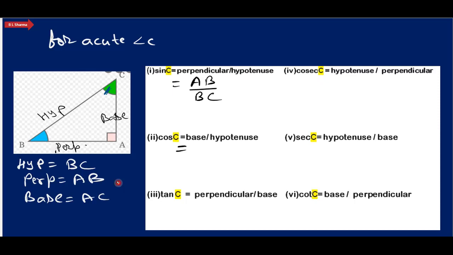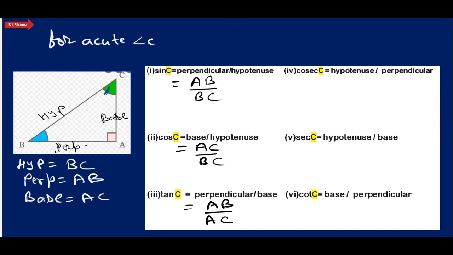Cos C is base upon hypotenuse. The base is AC and the hypotenuse is BC. Tan is perpendicular upon base. The perpendicular in this case is AB and the base is AC.